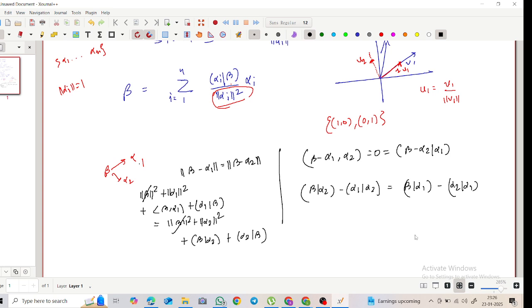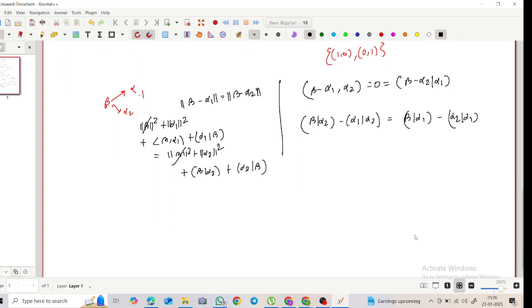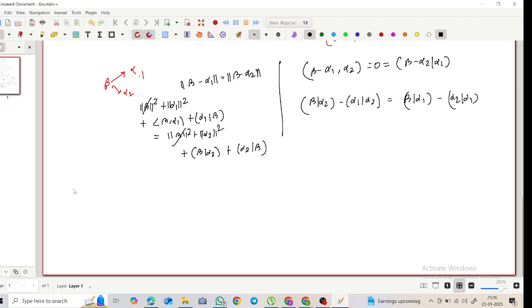Okay, so I will have to proceed. So I am giving you a small homework. Okay, use these three expressions. One is this. Two is this. Okay. Three is this.